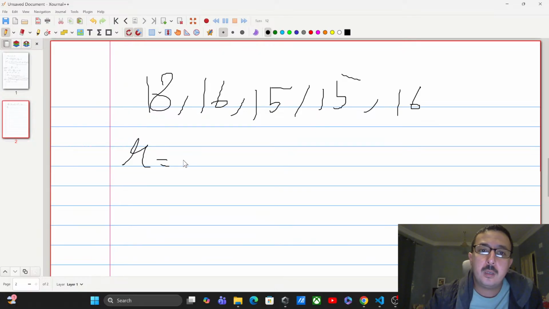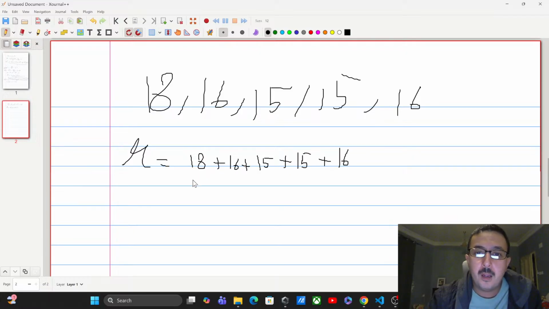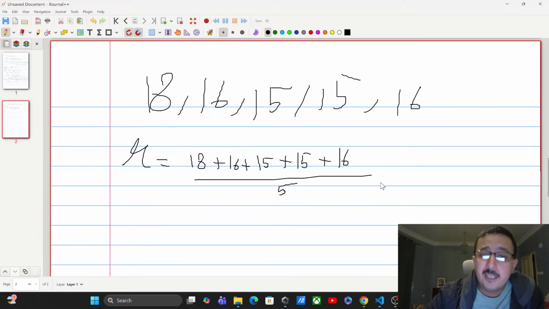The mean is 18 plus 16 plus 15 plus 15 plus 16 over 5. You know the 5 because there are 5 data points: 1, 2, 3, 4, 5. Don't confuse it because it's 5 every time.